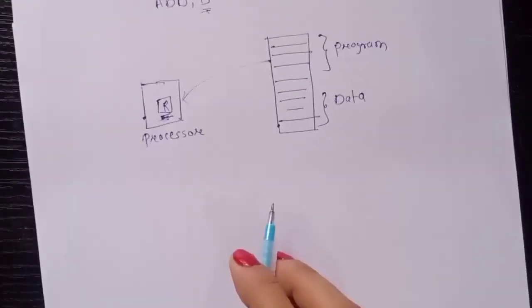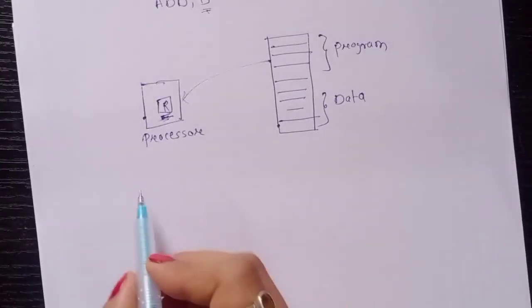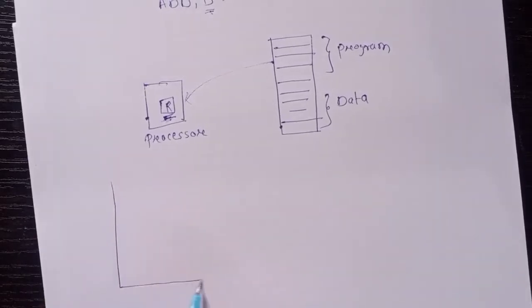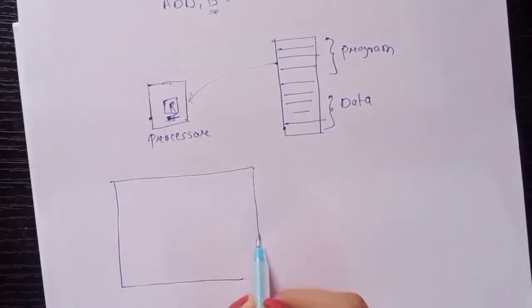Now let's take an example of the 8086 microprocessor. Let's consider this is a memory.